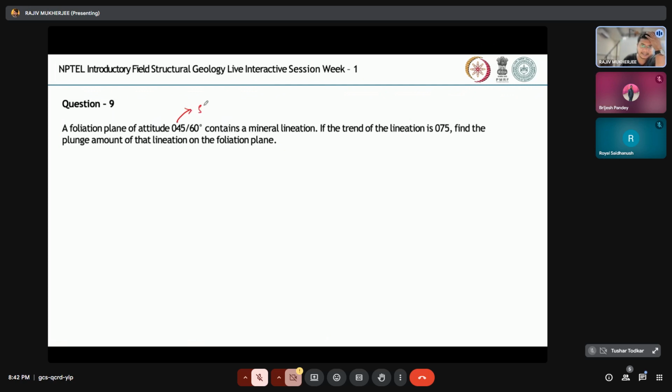So this is the strike angle of the foliation plane. And we generally refer to it as phi. So that is 45 degrees.